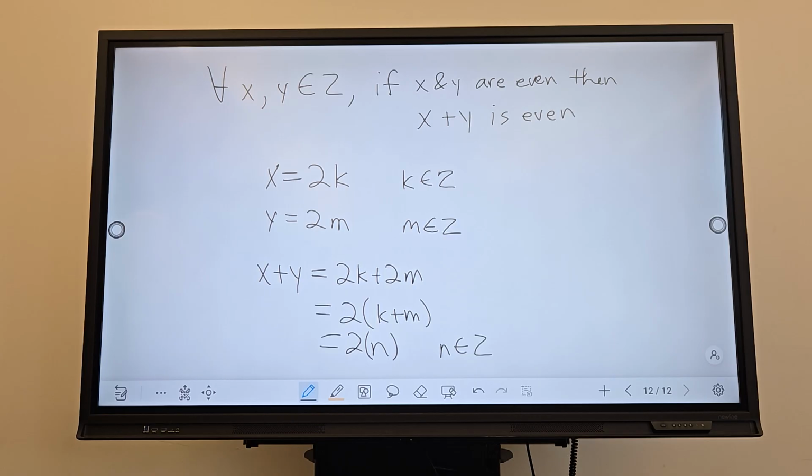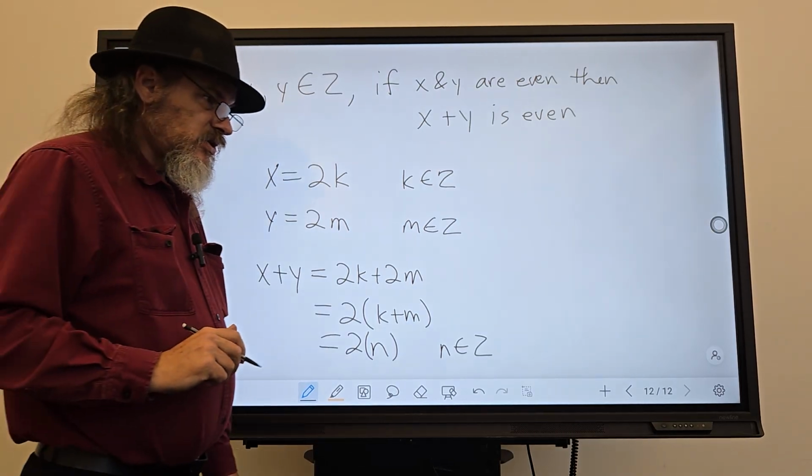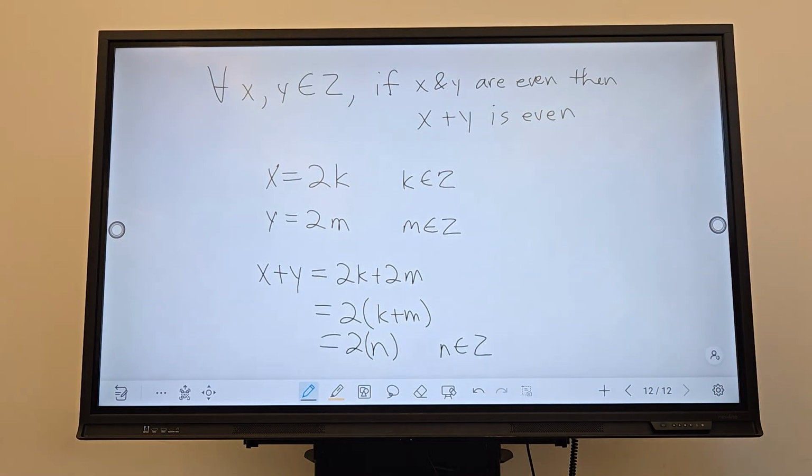So x plus y equals 2 times some integer and is therefore even. So there you go. The sum of two even integers is even.